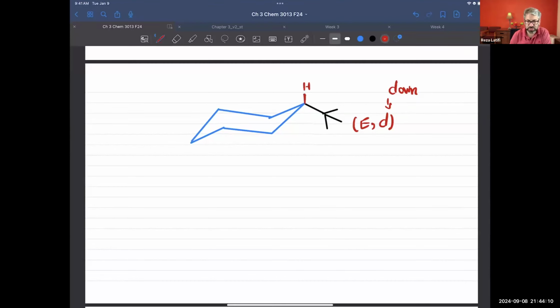The hydrogen here will be in axial position. Now, where is the methyl group going to be? It's better to put the methyl group in this position, and that's going to be equatorial. That one will be CH3. This is the best structure.